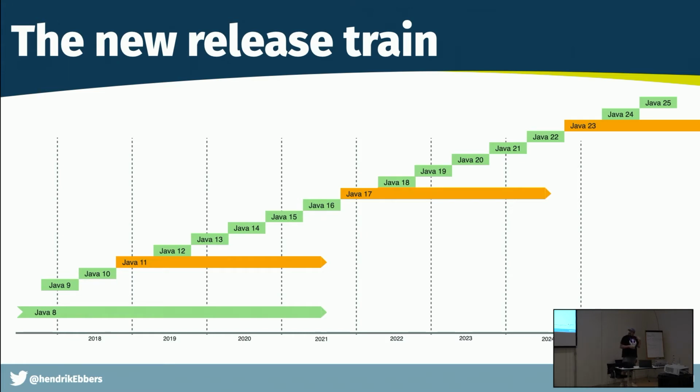And after the release of Java 17, which is not that far in the past, again, some things have changed. So earlier, the plan of the OpenJDK was to provide a new LTS release every 3 years, as we can see, like from Java 11 to Java 17 to Java 23.